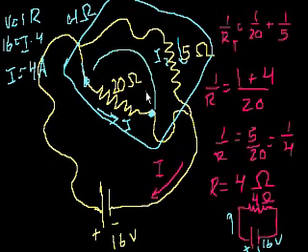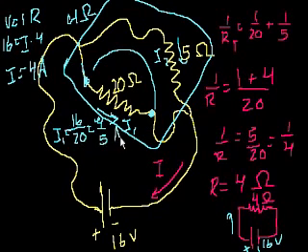So you have 16 volts across there. 16 volts divided by 20 ohms. So let's call this I1. I1 is equal to 16 volts divided by 20 ohms, which is 4/5 of an ampere, or 0.8 amperes, right?